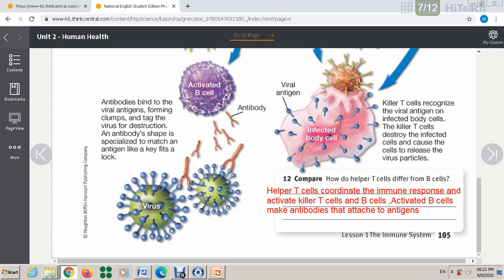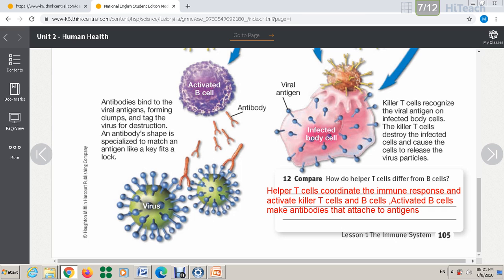Here I also want you to know about the similarity. That was the difference between the T cells and B cells. What about the similarities between B cells and T cells? Actually, both are white blood cells. Now the difference, as we mentioned: T cells can attack infected cells.